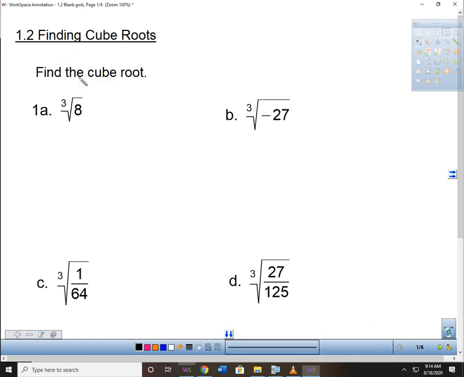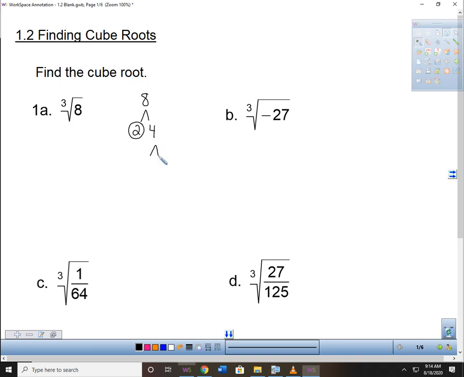When we're finding a perfect cube root, you're trying to find the number that times itself 3 times will make that number. So if I were to do a factor tree, which we're going to do on all of these, I've got 8. 8 can be split into 2 times 4, and 2 is a prime number.